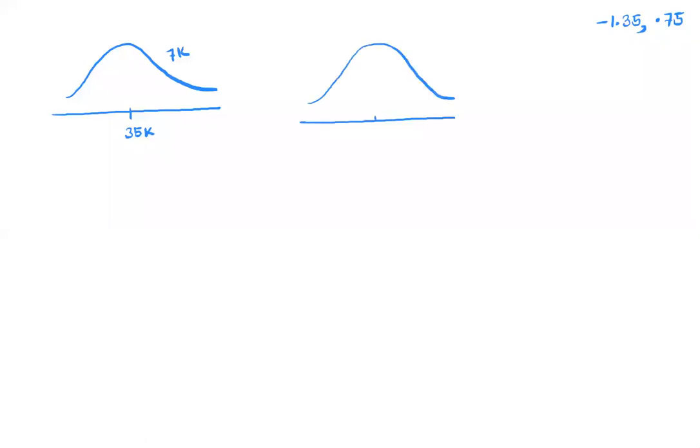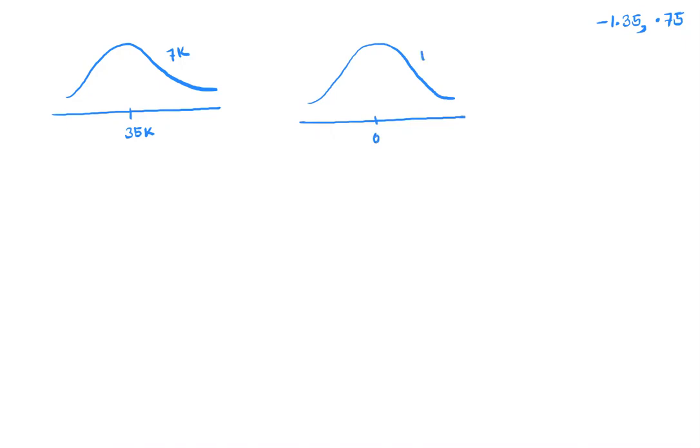So we have our normal distribution here with a mean of 35,000 and standard deviation of 7,000. And we have the standard normal distribution here with a mean of 0 and standard deviation of 1.